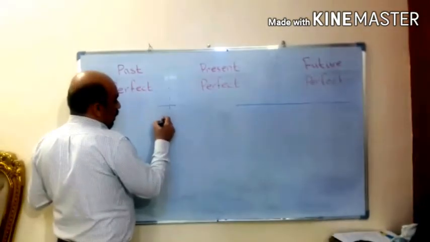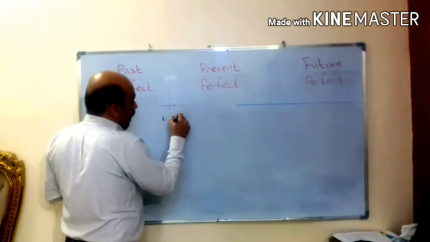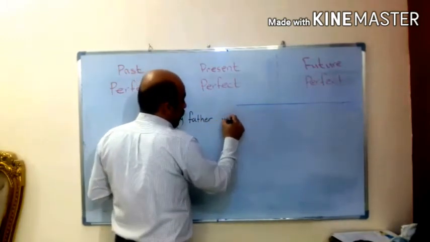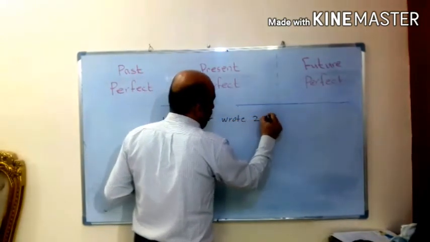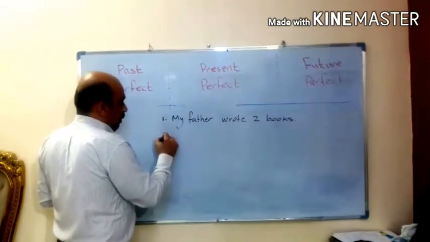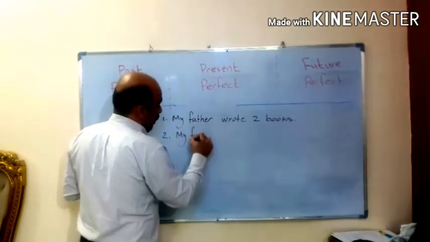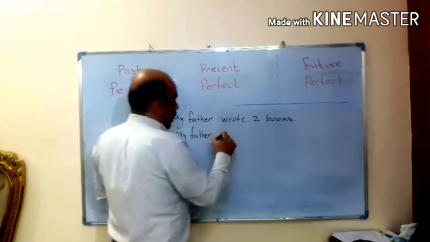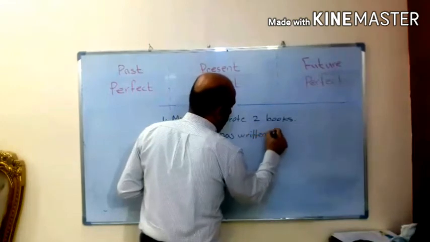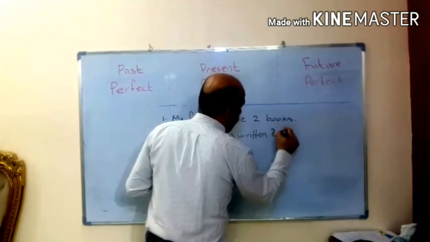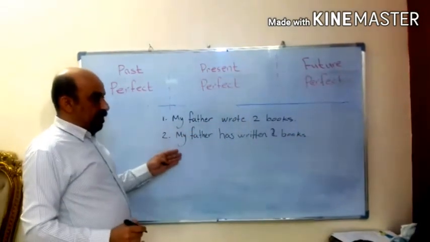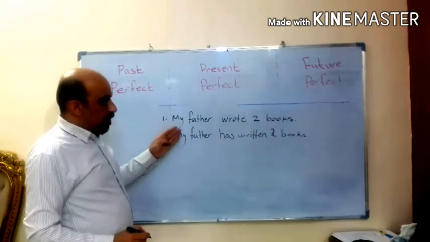If I say, my father wrote 2 books, and my father has written 2 books. Both of them refer to the past, but what is the difference between them?